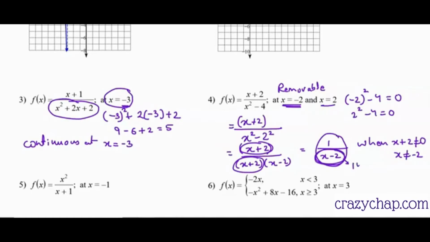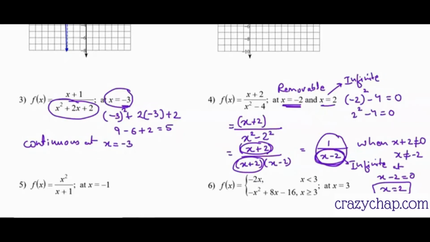So we will have infinite discontinuity at x minus 2 equal to 0, or we can say at x equal to 2. So at x equal to 2 we will get infinite discontinuity. Hope it makes sense.